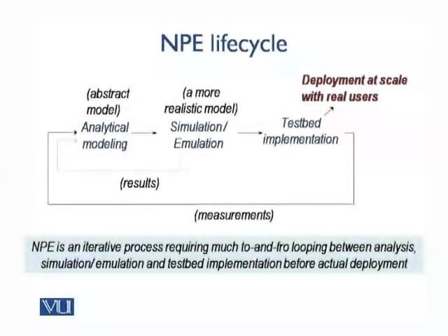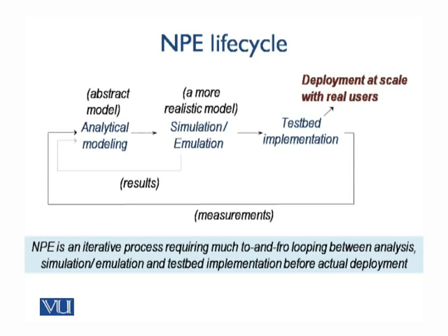This is something that we would do later on in this lecture itself. So the key idea then is that network performance evaluation is an iterative process. It requires much to-and-fro looping between analysis, simulation, and emulation, and testbed implementation before actual deployment can take place at scale with real users.